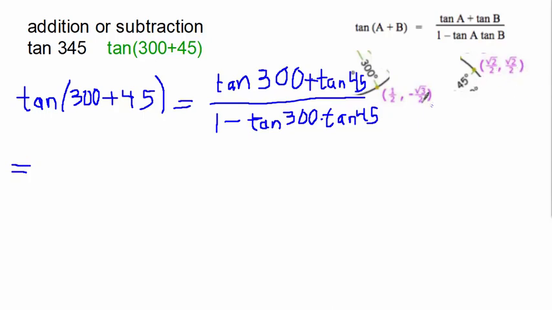Okay, tangent of 300. Numerator divided by a numerator. Do watch for the signs. So this is negative square root of 3 over 1. This is negative square root of 3. The tangent of 45, square root of 2 over square root of 2. I really like using this one because we end up adding and subtracting.